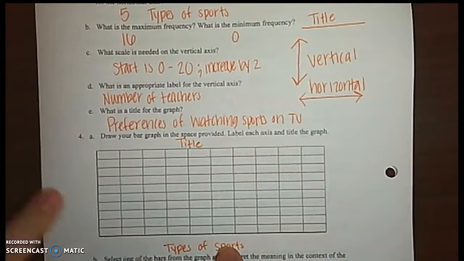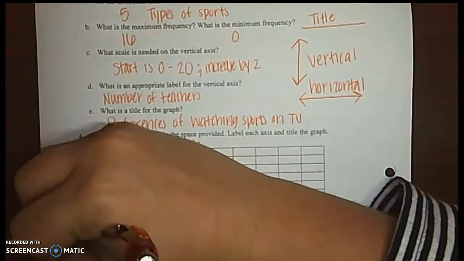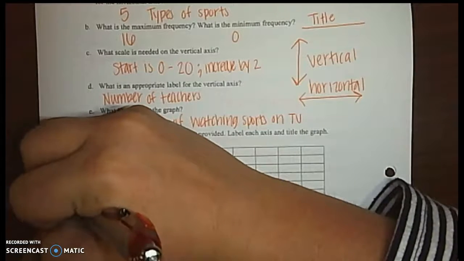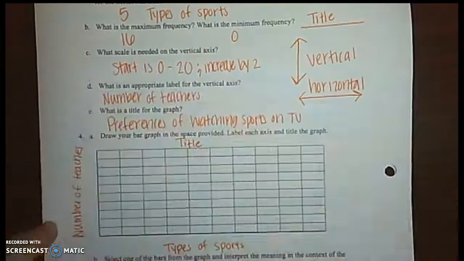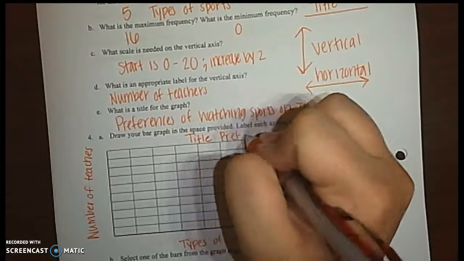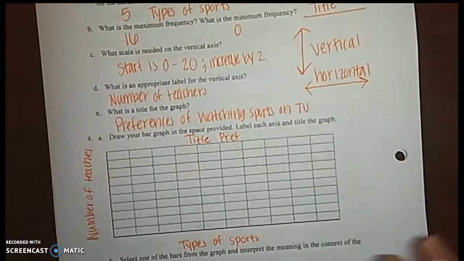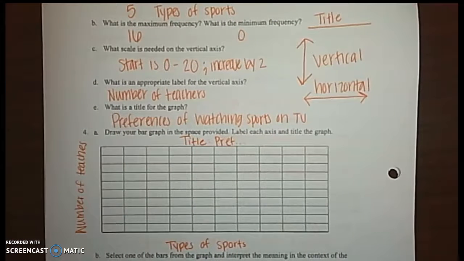Then we need our title for our vertical axis, which is number of teachers. And remember, we had our preferences, and I'm going to sum this up. I'm just going to put pref, because we know that our title goes here.